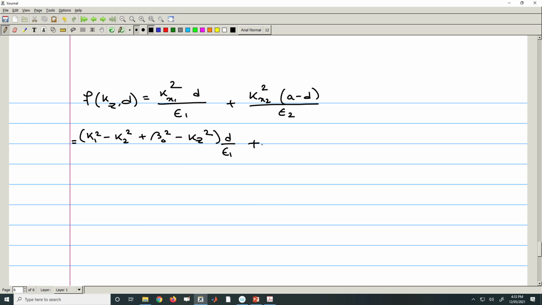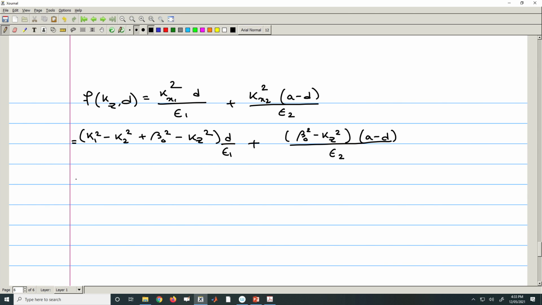Plus k x 2. In place of k x 2 square, we will substitute beta naught square minus k z square that we obtained from equation number 8, multiplied by a minus d upon epsilon 2.